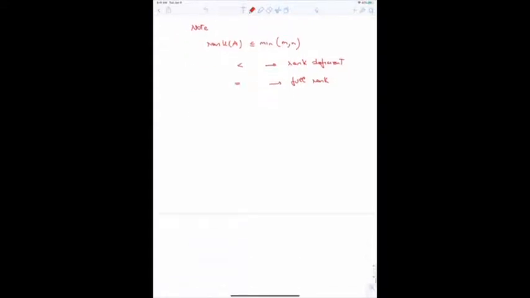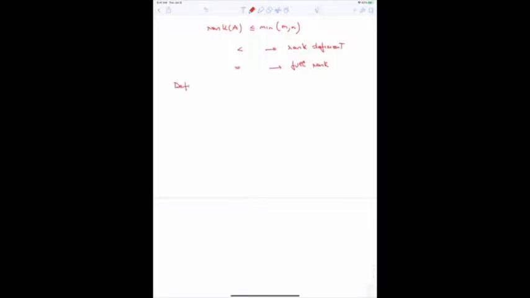I lied to you. There's one more definition. This is the definition of subspace. A subspace W of Rn is a subset of Rn that verifies these conditions. The zero vector has to be an element of W. If you have x and y, two vectors in W, then the sum has to be in W as well.